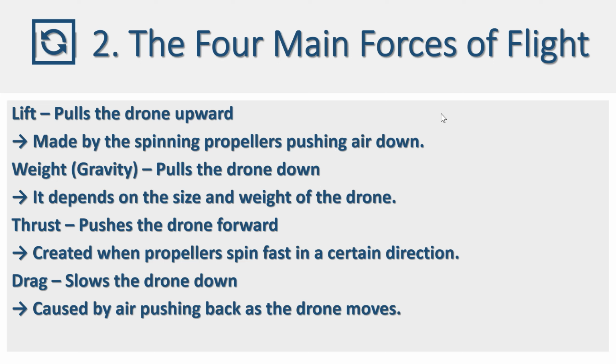It depends on the size and weight of the drone. Third, thrust, pushes the drone forward. It is created when propellers spin fast in a certain direction. Drag pulls the drone back, caused by air pushing back as the drone moves.